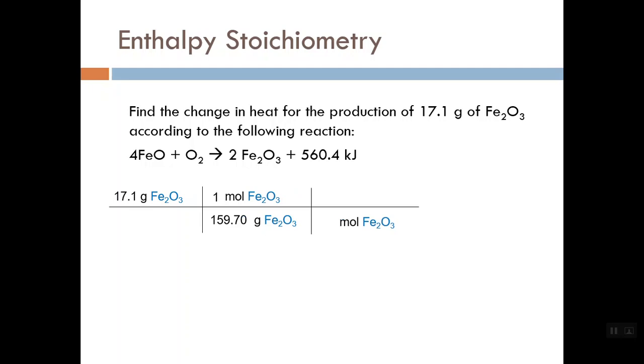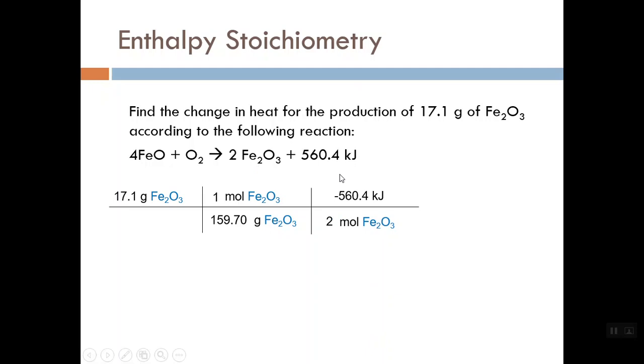So let's continue. We can go ahead and bring down the unit, moles of iron 3 oxide. And we are going to look at the amount of energy that's released. Okay, so if you take a look, how many moles of iron 3 oxide releases 560.4 kilojoules? 2 moles. So we have 2 moles of iron 3 oxide that releases 560.4 kilojoules.